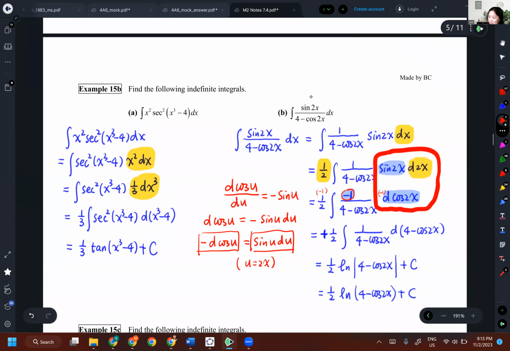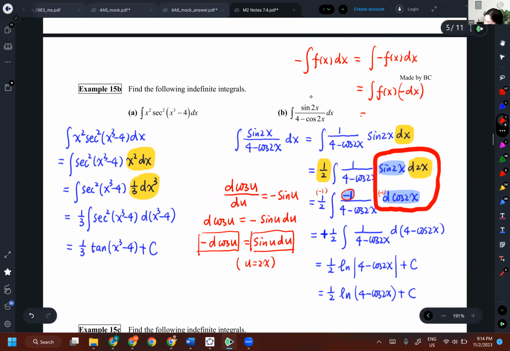Let me just write it clearly. If the negative sign is here, this integral of negative f of x dx is equal to negative integral of f of x dx. It's also equal to integral of f of x times negative dx.